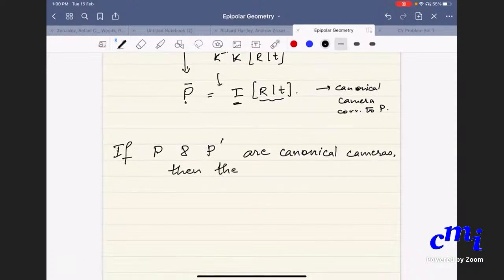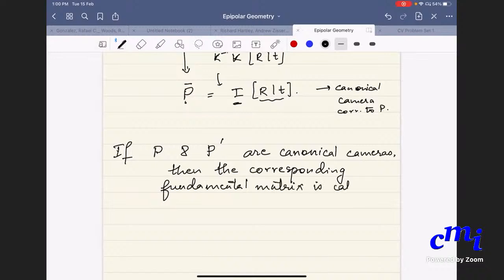Because it is in simplified form, some very nice properties come by because of that.